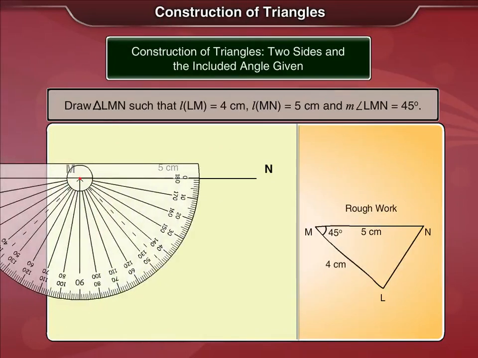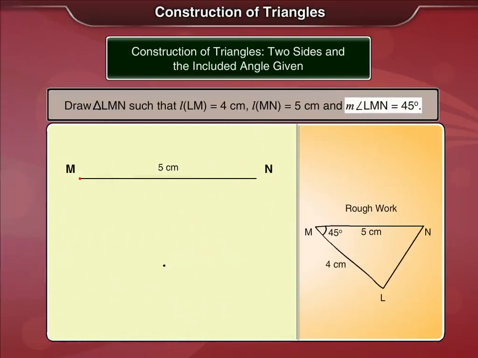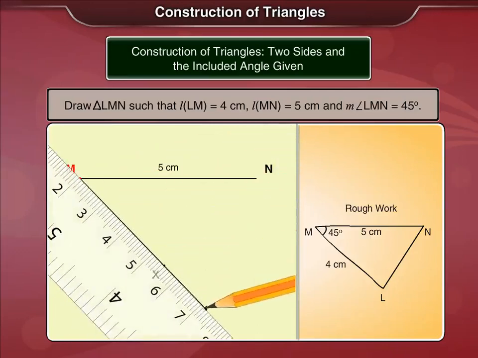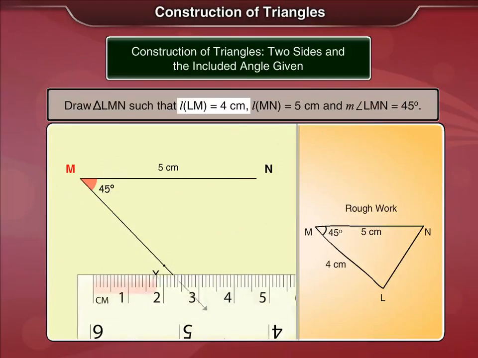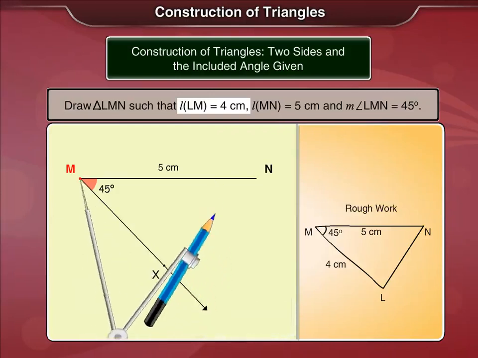Let's practice what we have just learnt. Draw triangle DEF such that the length of side DE is 6 centimeters. The length of side EF is 4 centimeters and the measure of angle DEF is 120 degrees.